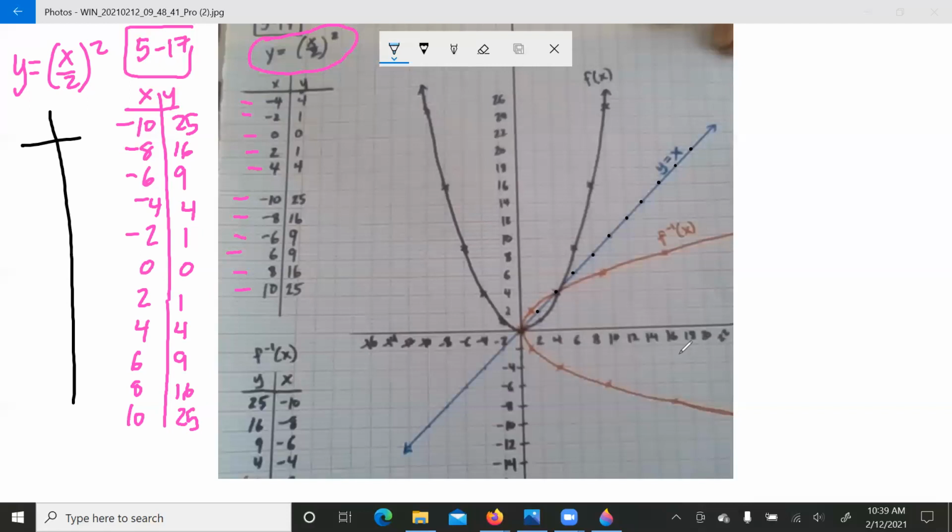Don't draw that one in. So we're actually going to fold our paper. Yes, you're actually physically folding your paper in half. Yes, I can't show you that because I don't have a live camera. But yeah, you're folding your paper in half.